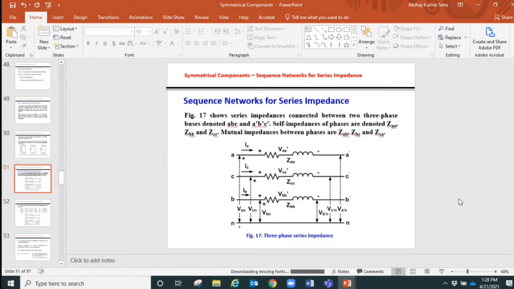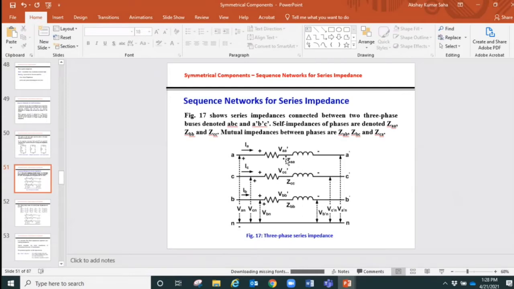So if we generalize it, that there will be some series impedance in the lines that we can consider for our calculation. How will those positive, negative, and zero sequence impedances come into the scenario of fault calculation? So what we do here, we generalize that. We show those impedances for each phase, and they are labeled as ZAA, ZBB, and ZCC.